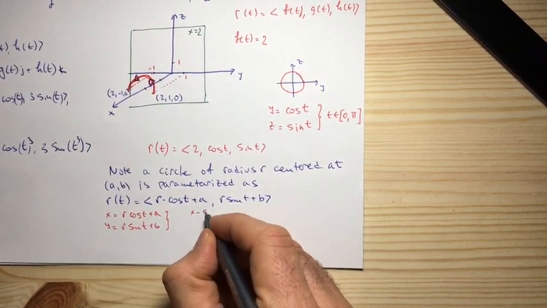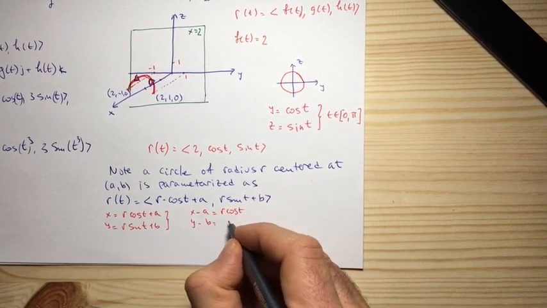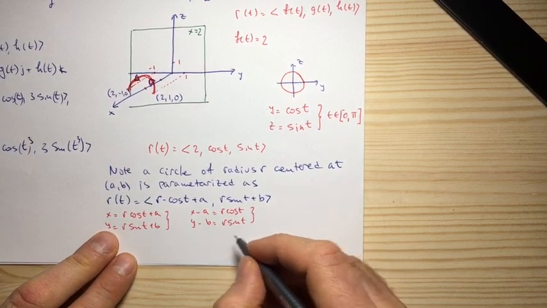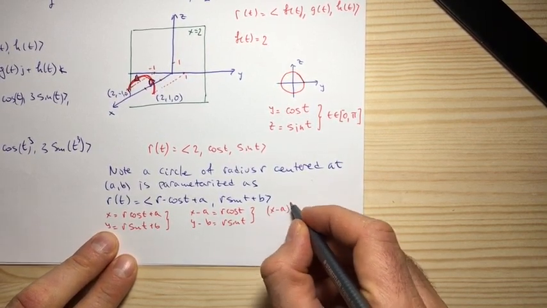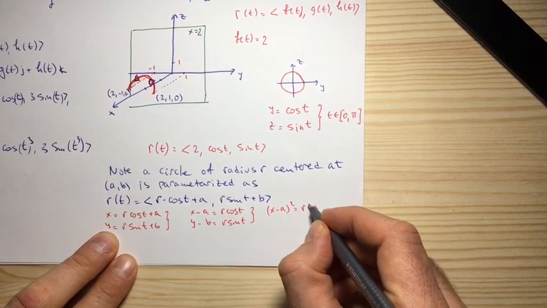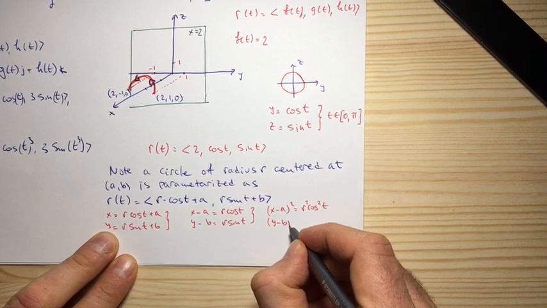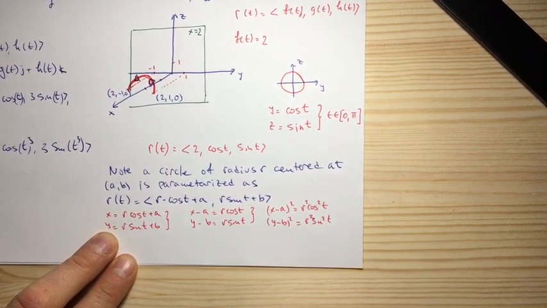From here, x minus a is equal to r cosine t, y minus b is equal to r sine t. If we square both sides in both equations, we have (x minus a) squared is equal to r squared cosine squared t, (y minus b) squared is equal to r squared sine squared t.